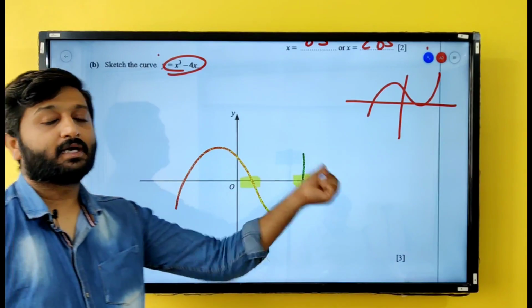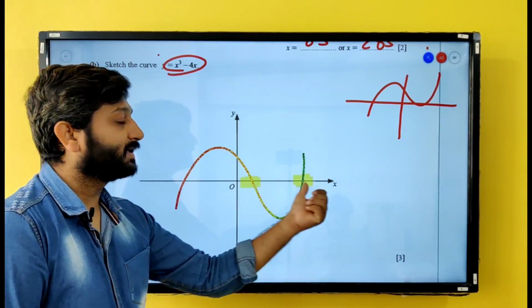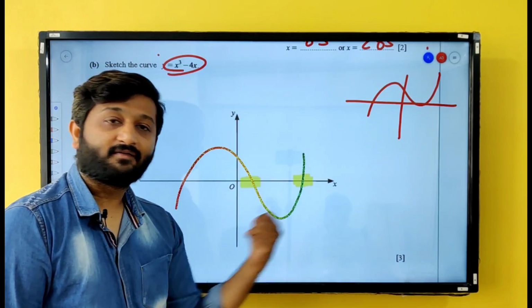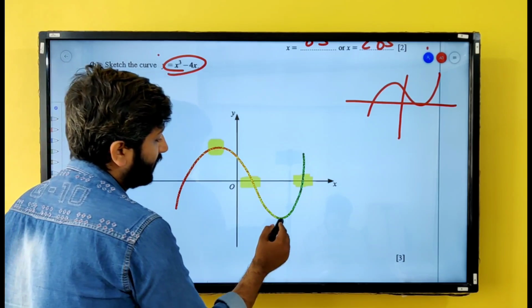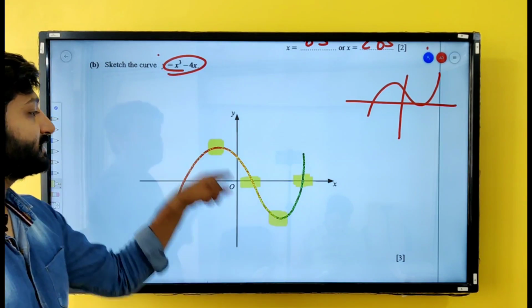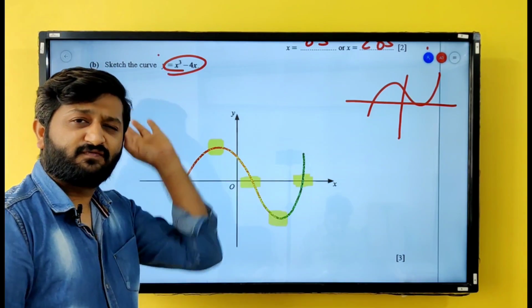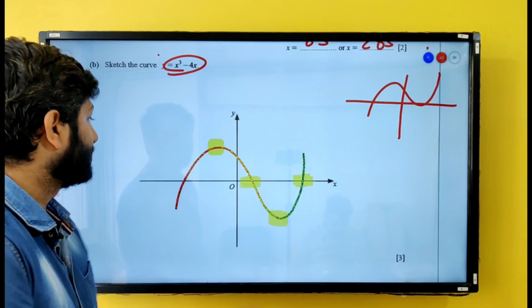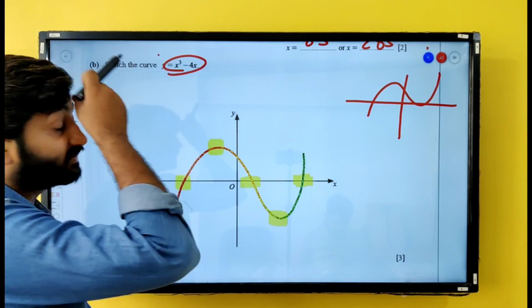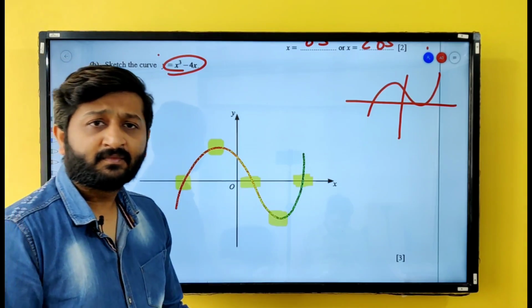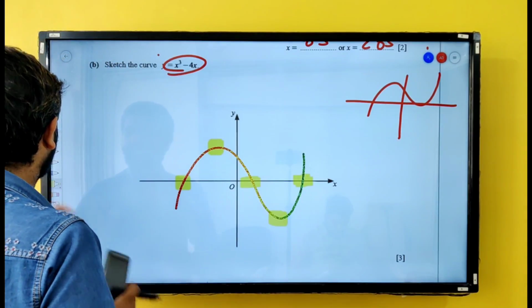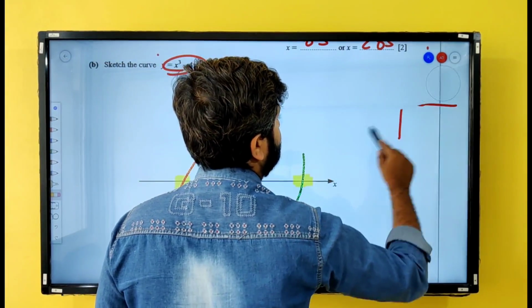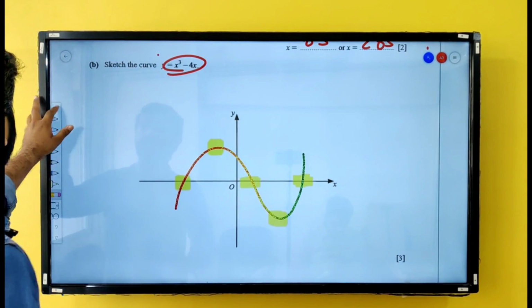These 3 points tell me the points where the graph crosses the x-axis, and these are my other 2 points. These are my stationary points. So first I am supposed to find these 5 points, right? If I have them, then I am only supposed to join the dots. So let us try to find those points first.